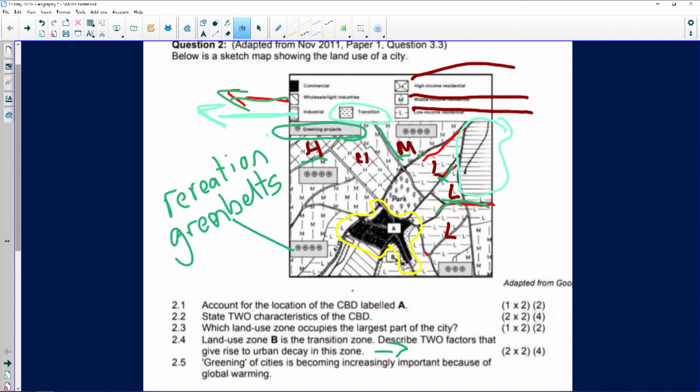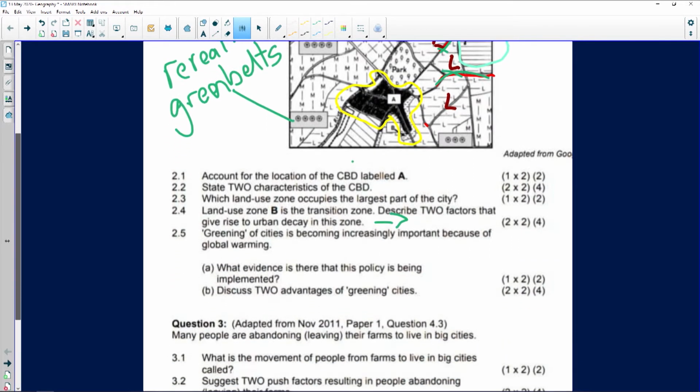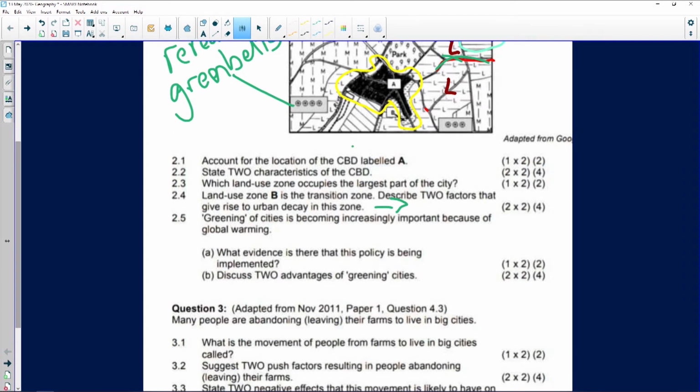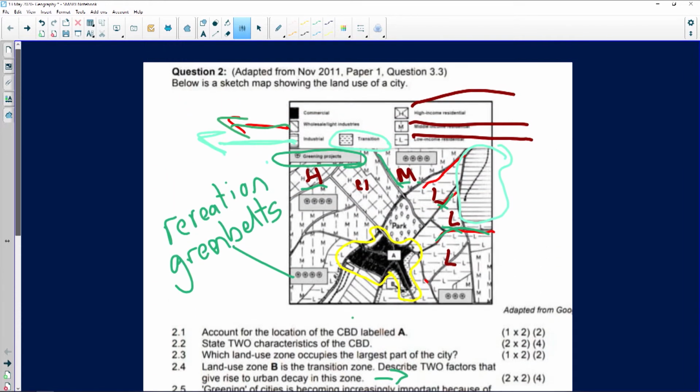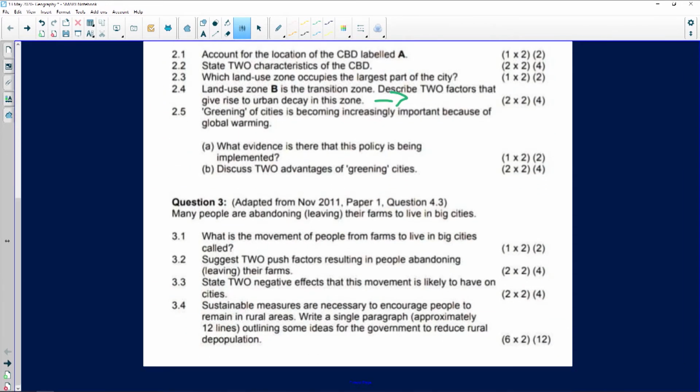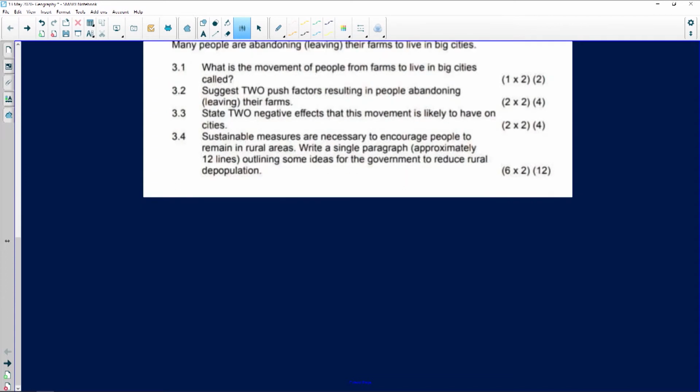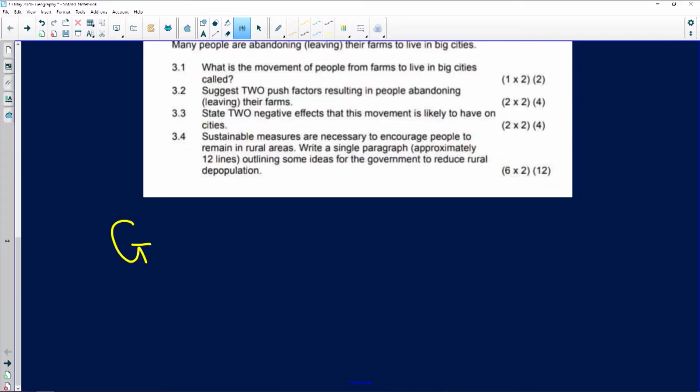If you look at question 2.5 quickly, greening of cities is becoming increasingly important because of global warming. Now, the first time you were introduced to global warming was in grade 10. What is global warming?